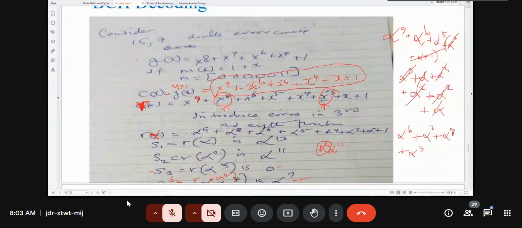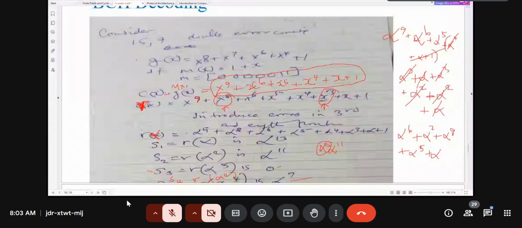It will simply become alpha to the 5, because times 4 is 20, alpha to the 15 is 1, it's alpha to the 5, plus alpha to the 4 is alpha to the 16, which is alpha. We do this alpha to the 16, which is alpha to the 15 times alpha, so this is alpha.